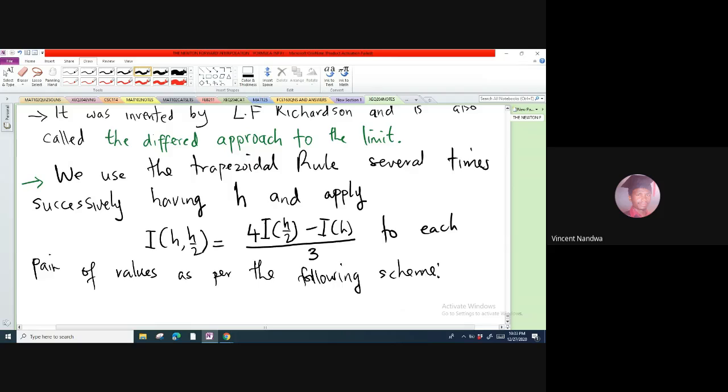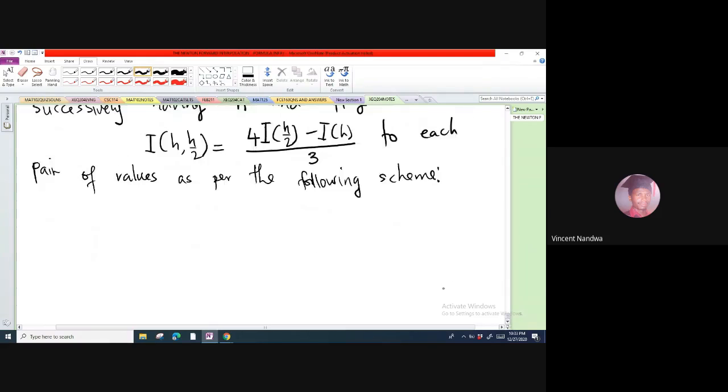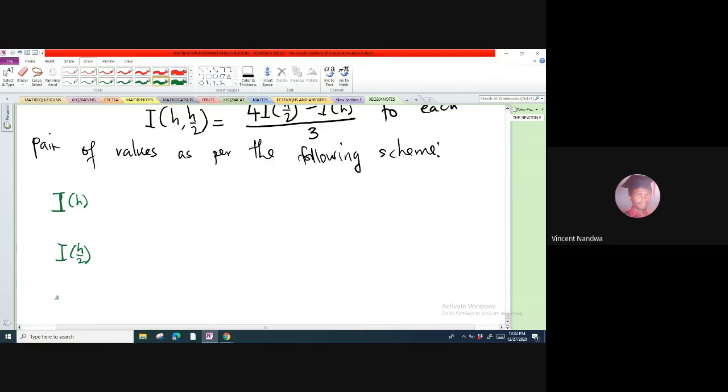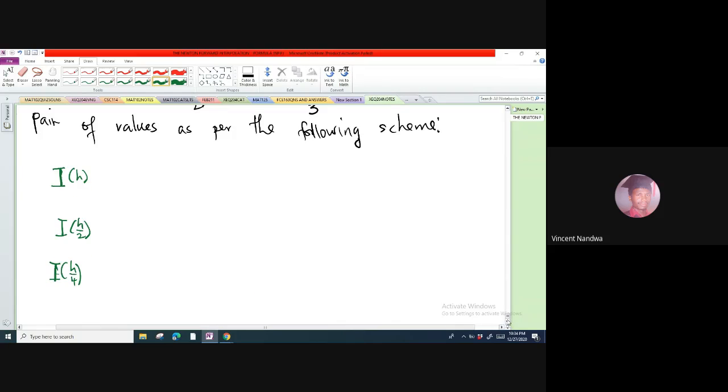So this is the scheme that we have, in the form of a table. We have I of h, and then next, leaving some space, I of h over 2, then I of h over 4, and then I of h over 8.